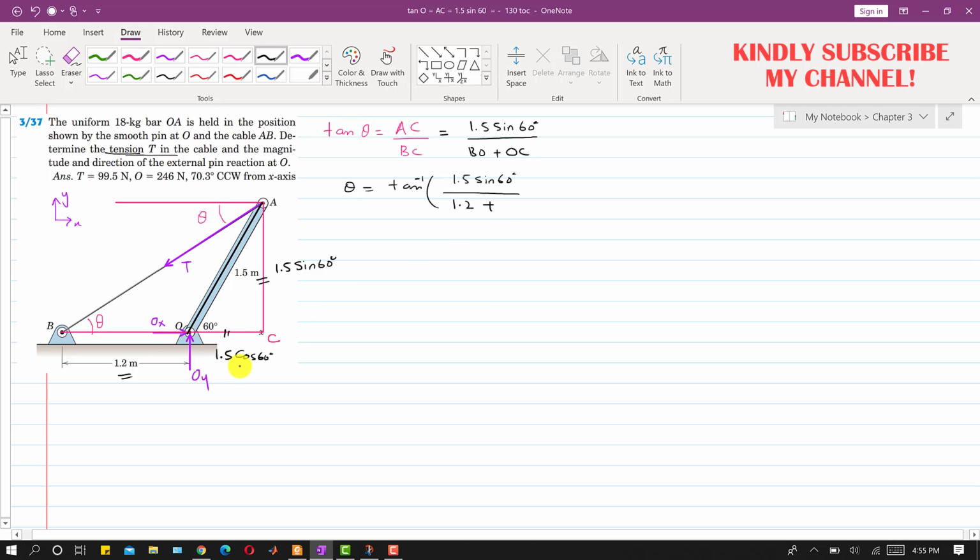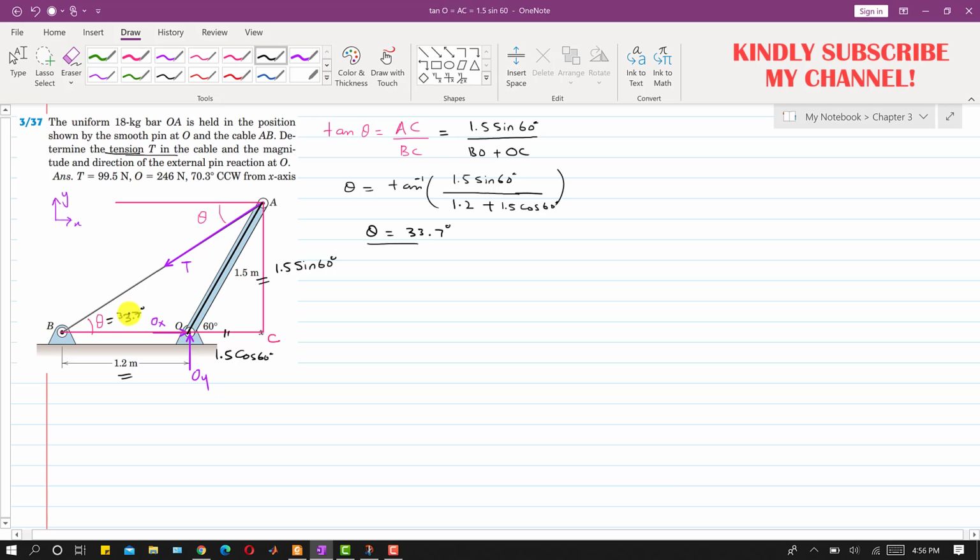This OC is 1.5 cos of 60 degrees. So from this we get theta equals 33.7 degrees.